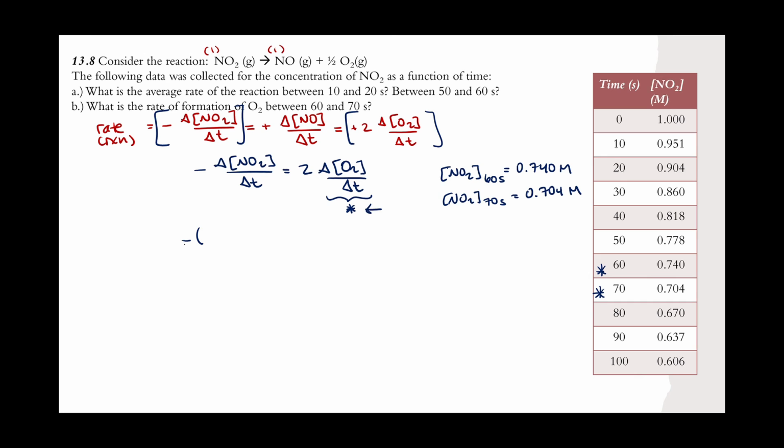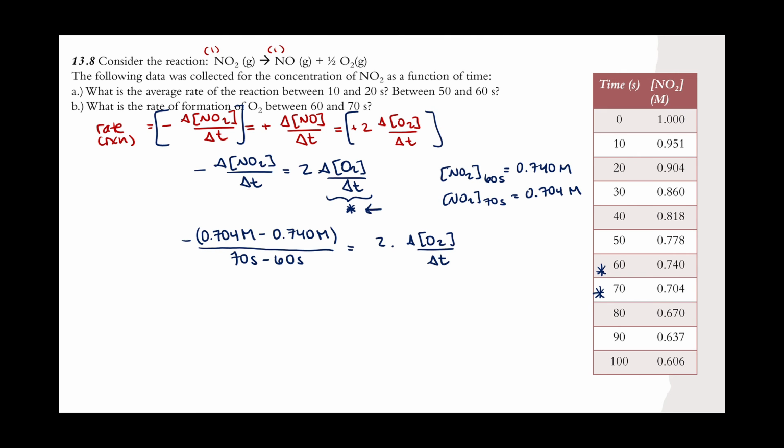So we have that negative sign, and then we'll have 0.704 molarity minus 0.740 molarity divided by the change in time, which is between 70 seconds and 60 seconds. That's going to equal 2 times the change in concentration of oxygen divided by the change in time.